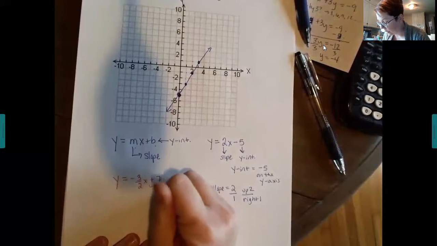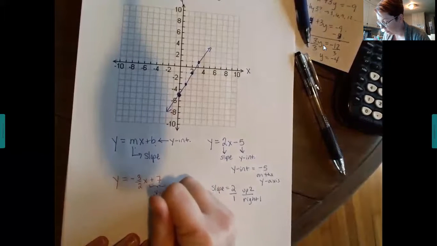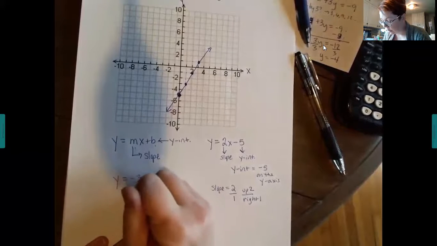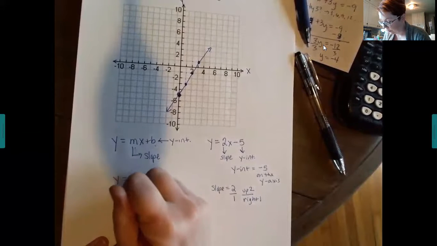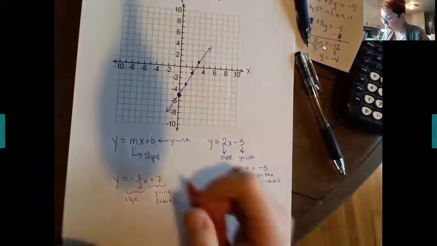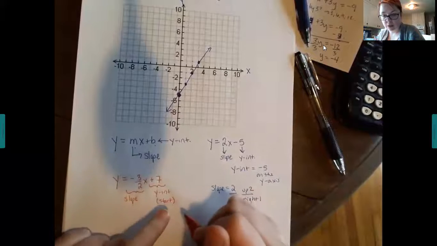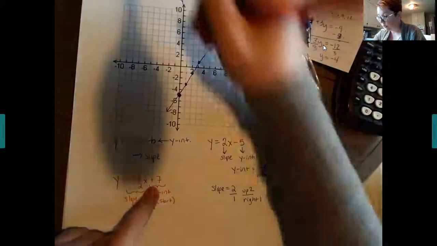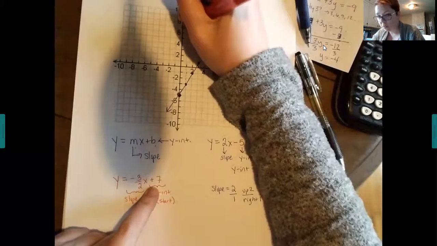This is our y-intercept, our starting point. And this is our slope. So this tells us where to go. So we're going to start at our y-intercept. In this case, it's +7. So we start here at +7 on the y-line.